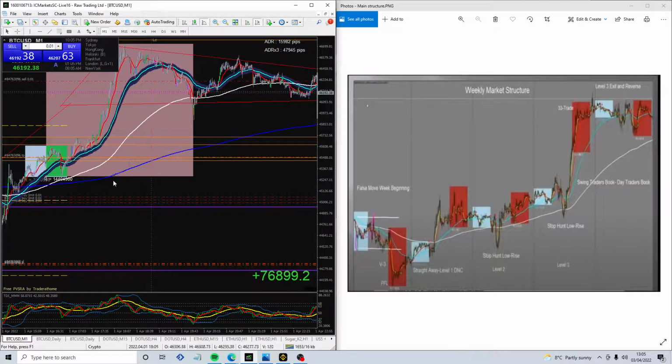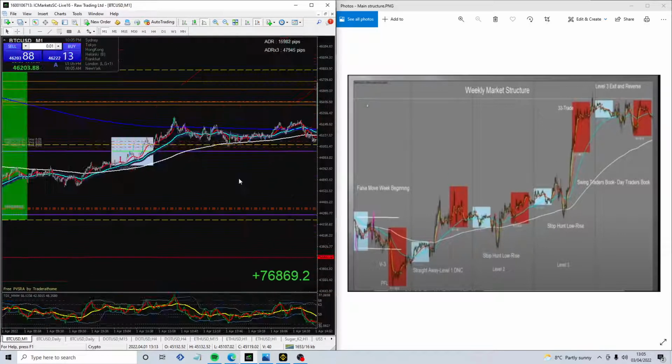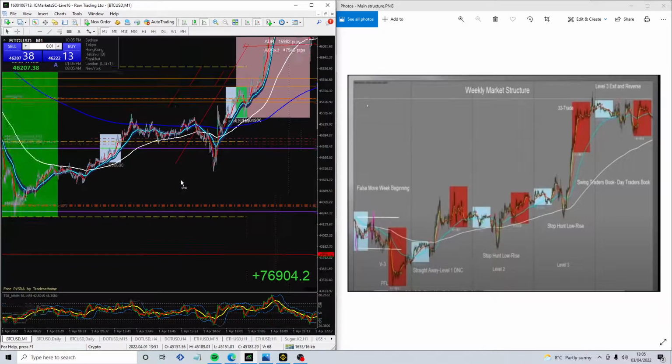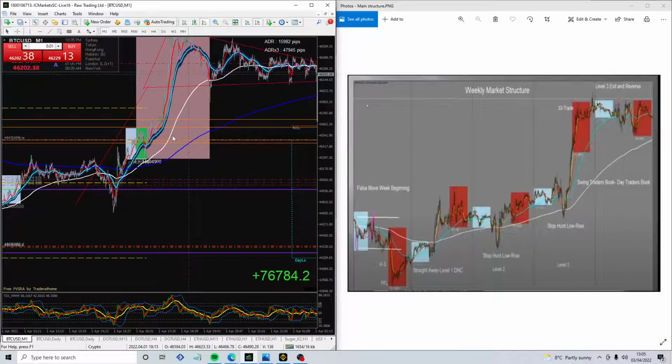There's not a vector there, but there's a stop zone there. So think about it. You're long anywhere in this zone, yeah. Your stop's either going to be here. That's the best stop to have. Here, here, here, here, or here. Yeah.